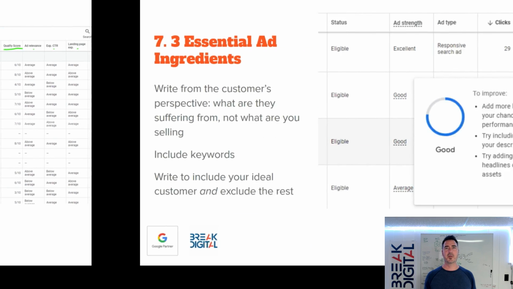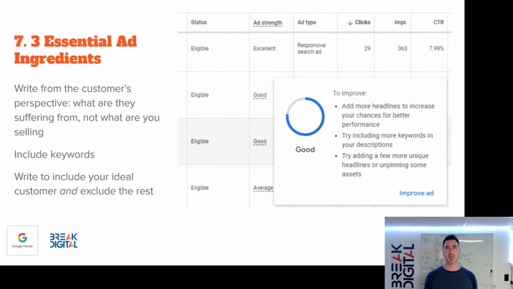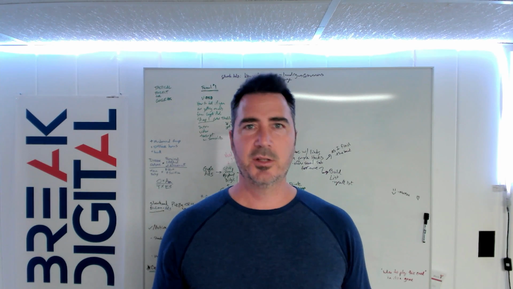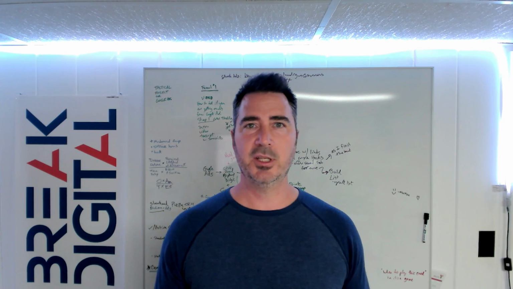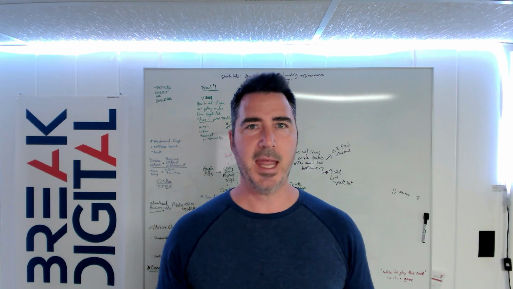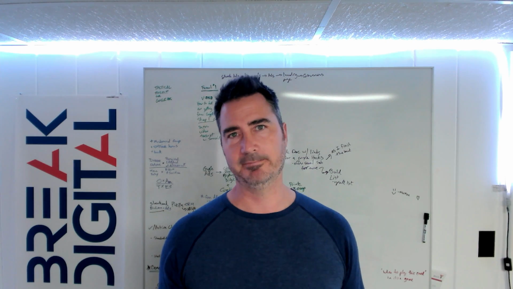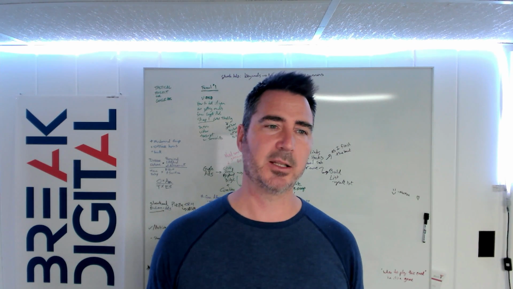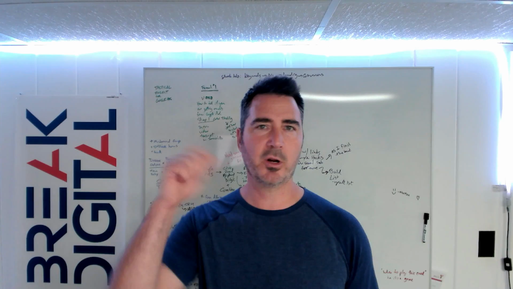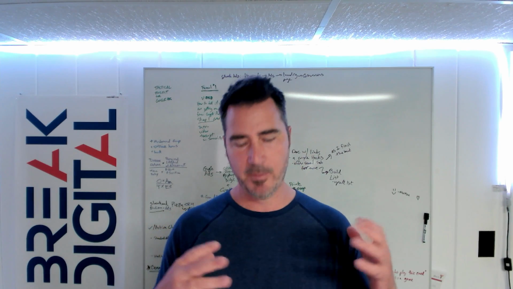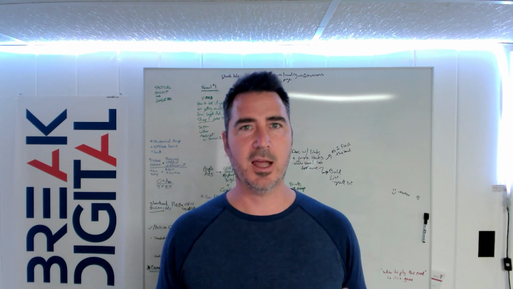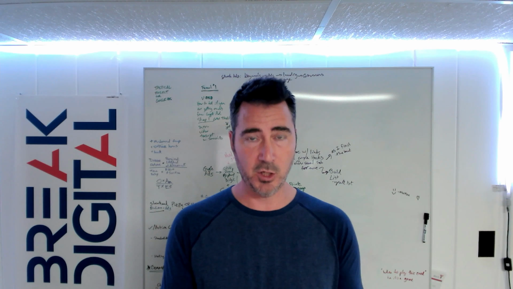Number 7, 3 essential ingredients for your ads. A lot of businesses are running ads that essentially say, just come and buy my stuff. And that's not nice. We want to write from the customer's perspective. We want to put on your empathy hat and think about what their life is like when they're suffering from the problem that your business solves.